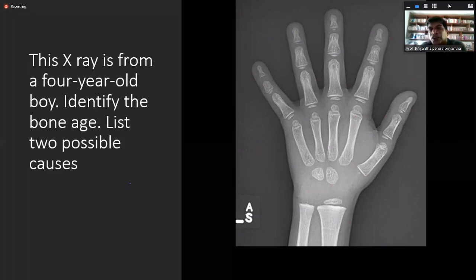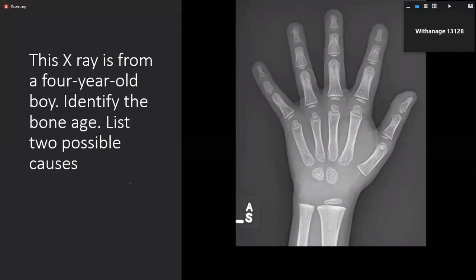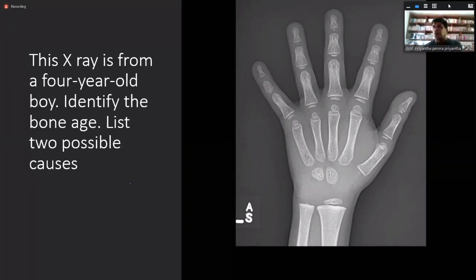So what are the conditions that cause bone age lagging more than 2 years? There are two major conditions. Any insult that causes growth retardation can cause delayed bone age, like chronic infections, chronic malnutrition, constitutional delay in growth and puberty.